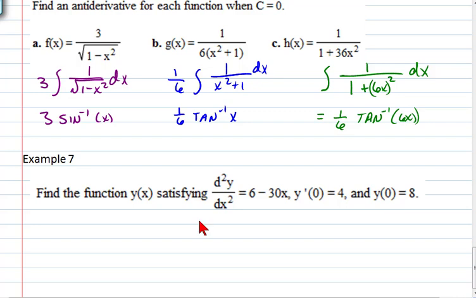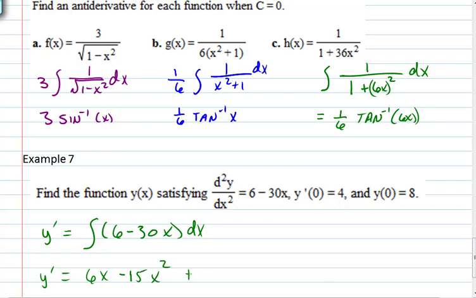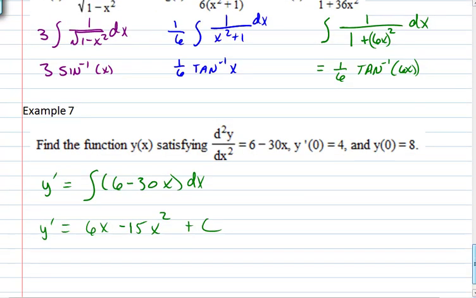All right, so here's the second derivative. The first derivative is going to be equal to the antiderivative of the second derivative, 6 minus 30x. So that means that the first derivative is equal to 6x minus 15x squared plus c.